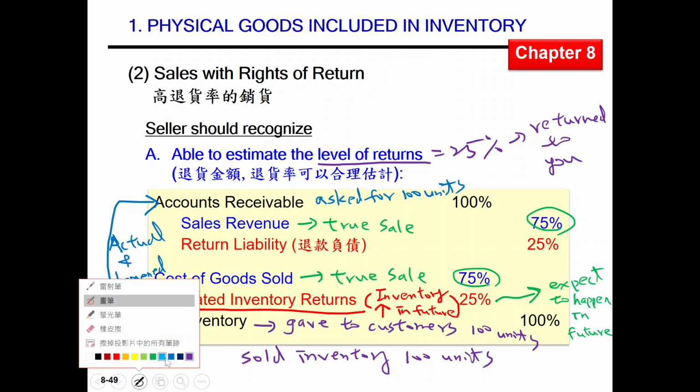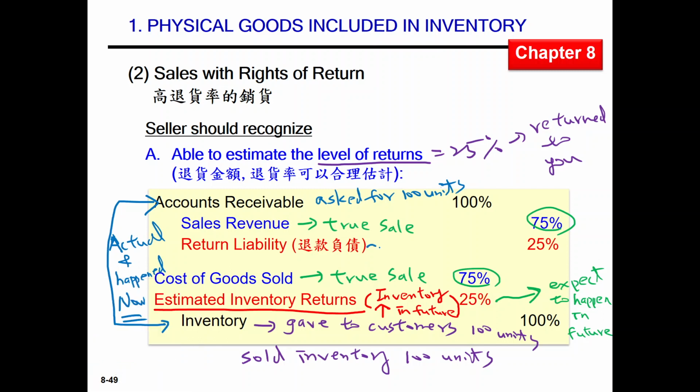It means when the customer returns inventory back to you, you have to accept the returned inventory. So you have the obligation to do that. Why? Because you promised them at the beginning.